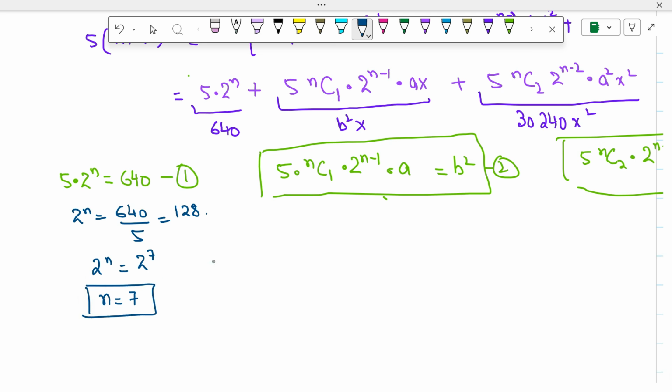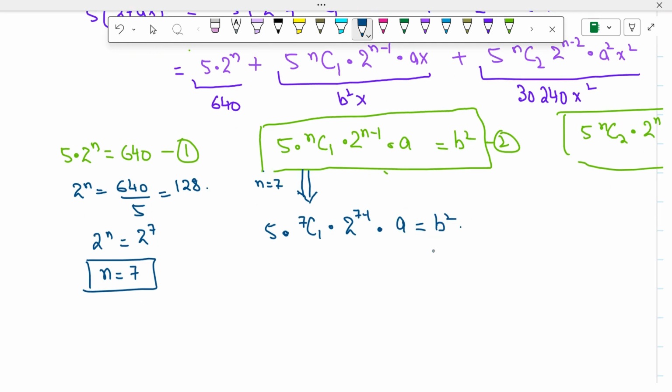Now, we can use this value of 7 and plug it into equation 2 so that we can find the relationship between a and b. When n is equal to 7, this expression will be 7 combination 1 times 2^(7-1) times a is equal to b².